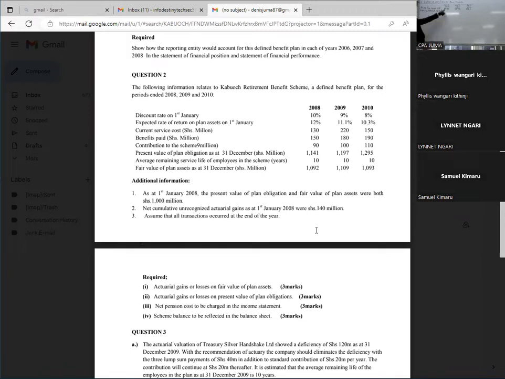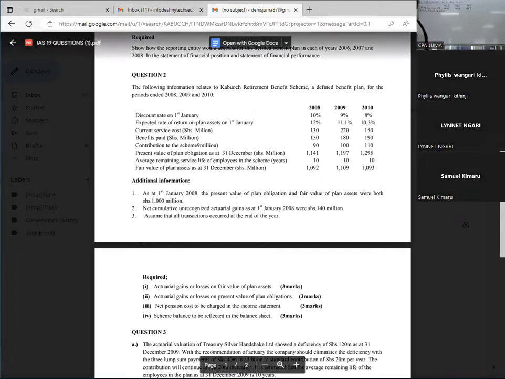So take 12 of this, 11.1 of this, 10.3 of that. How much? 120, 121.21.